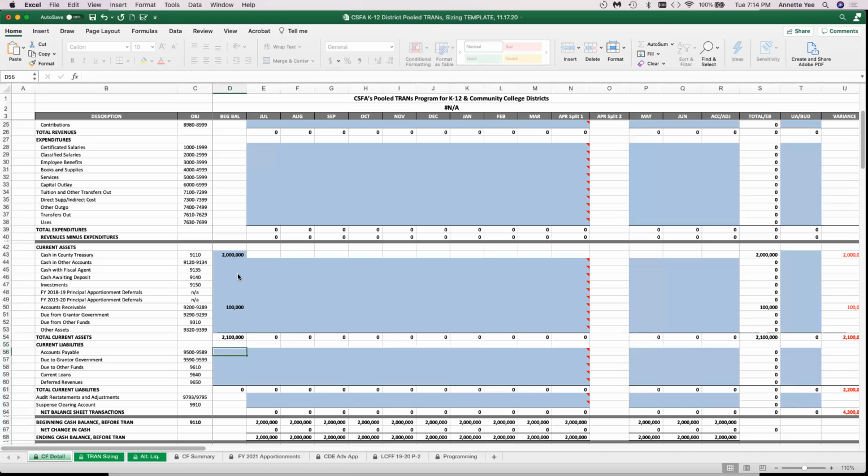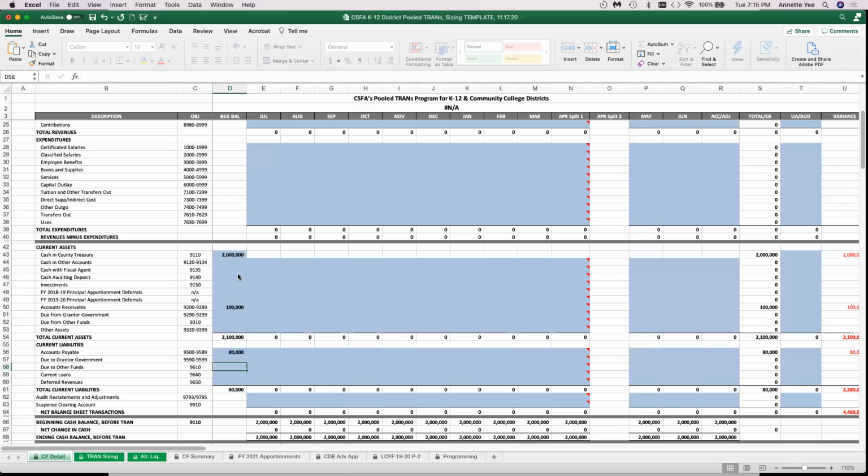And then you finish this off by putting in your liabilities. So you might have some accounts payable, accounts that you owe money on or something like that. Exactly. So for items that we might have received goods by June 30, 2019, but we didn't have time to pay the vendor.